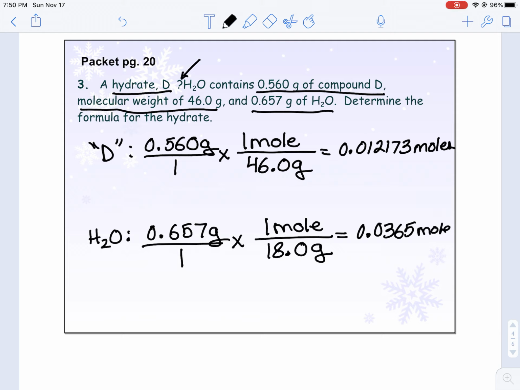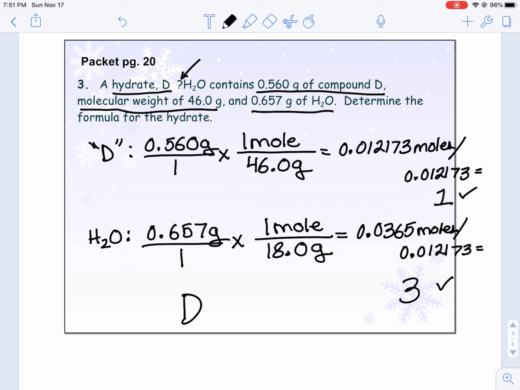So once you have both mole amounts, then you're going to divide both of them by the smaller of the two. So this is 1. And you're going to round your answer just like we did before to whole numbers. So you're figuring out the ratio of the ionic compound to water.